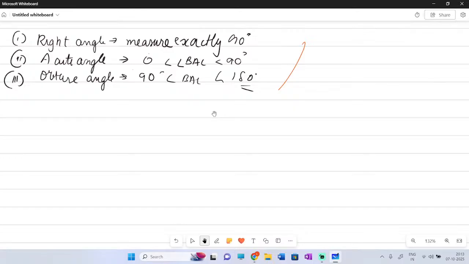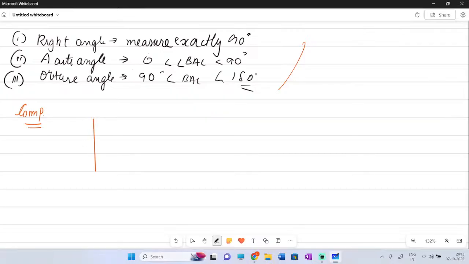Next, complementary and supplementary. Complementary, I'll just draw. See, listen, this angle ROS, we have learned in smaller classes, is exactly 90 degrees. And what about supplementary? Supplementary angles are always 180 degrees.